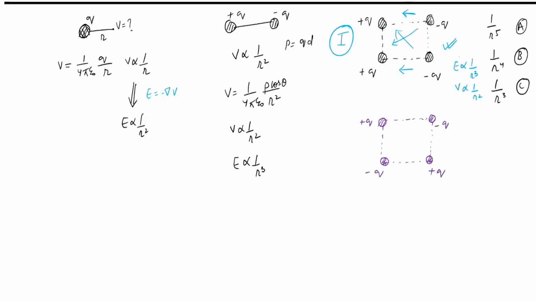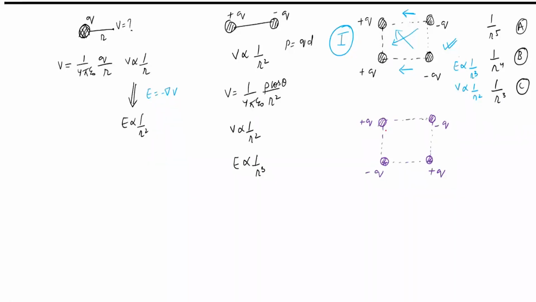Whenever a question is asked, they will ask: find the electric field dependence at R, where R is much greater than D, the separation. So you are saying that if we take it very far away, then plus q will act like a single charge, and minus q will act as a single charge, and it will behave like a dipole. Yes, sir.